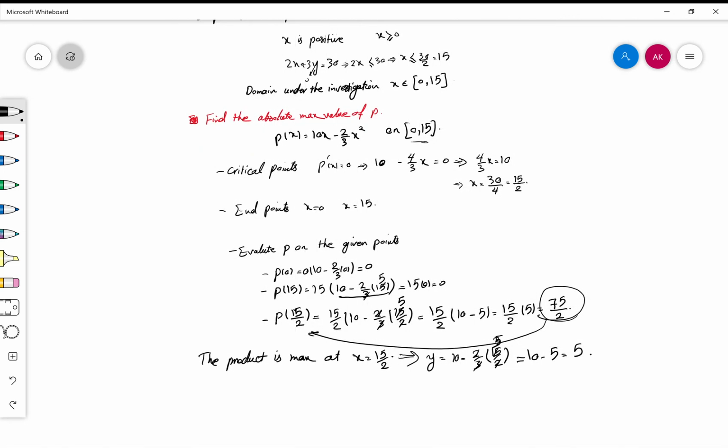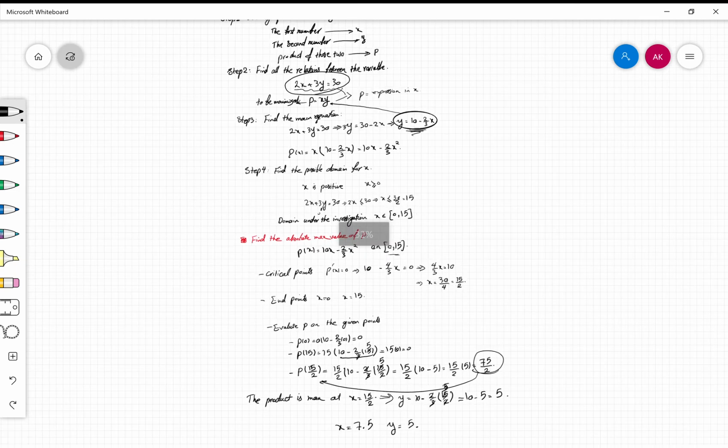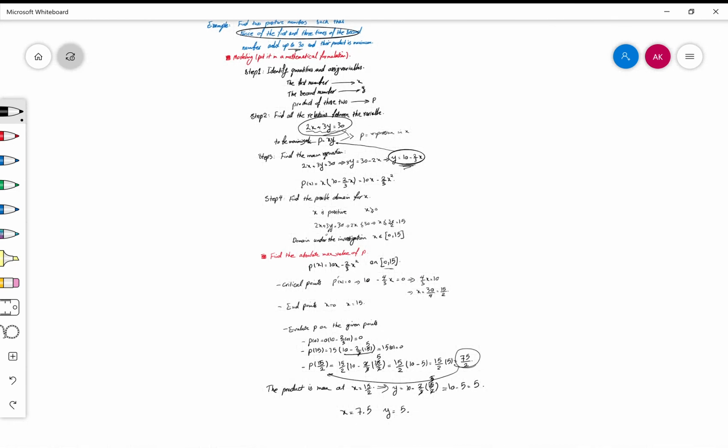In other words, the two numbers which have those properties are x equal to 7.5 and y equal to 5. As a summary, we did the modeling, which had four steps: identify quantities and variables, find the basic relations, turn it into one main equation, and then find the domain of that. And then the second step: from this point on, we have a function and an interval, and we just go ahead and find its absolute max.